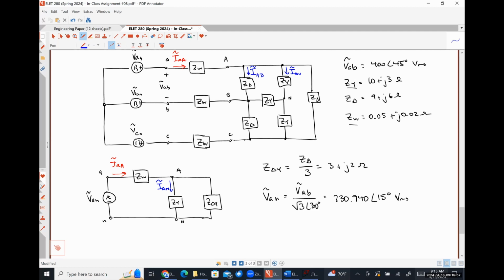We can't find the phase current through our delta connected load because we don't have access to transmission line terminal B here. So we're going to have to get creative with that. By that, I mean we can use either of the two methods that we worked in the last problem and wind up getting the correct answer. So let's solve what we can solve for using our single phase equivalent circuit first. How might I solve for my line current IAA? Let's start there.